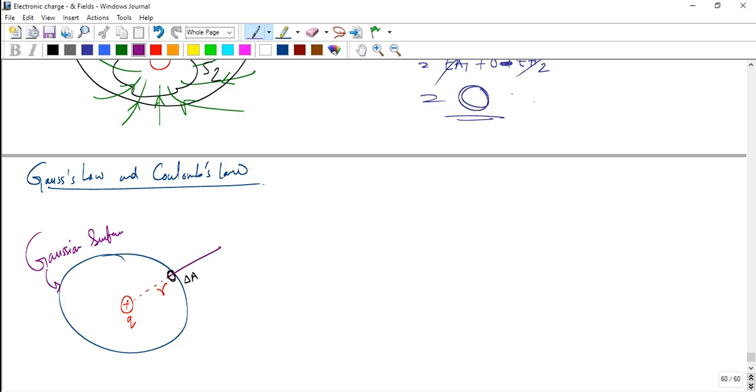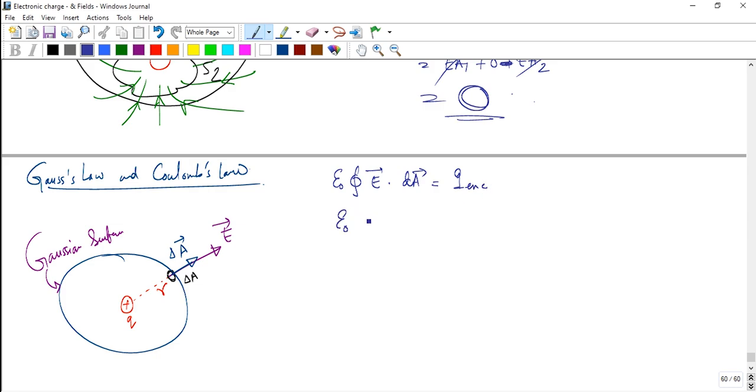E is obviously in the outward direction because the charge is positive, and the area A is also in the outward direction. From Gauss's law we know that epsilon naught times phi, meaning E dot dA vector, is equal to the charge enclosed by the surface, Q enclosed.